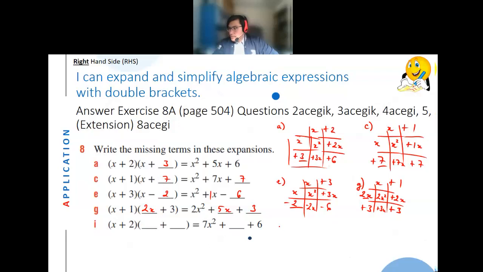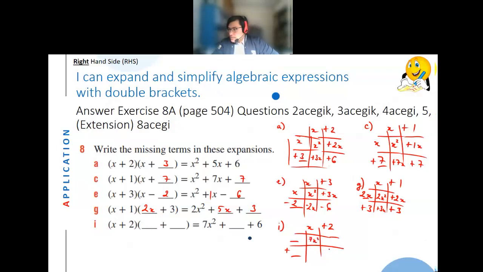And then finally we've got I. So we have x plus 2, and then something plus something else. We've got 7x squared here.